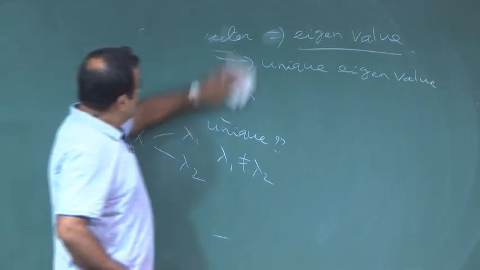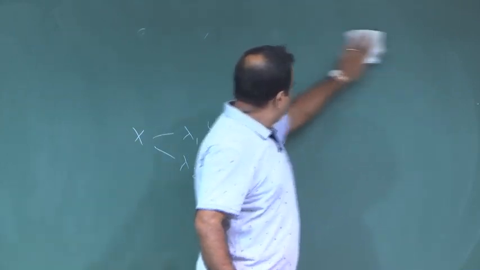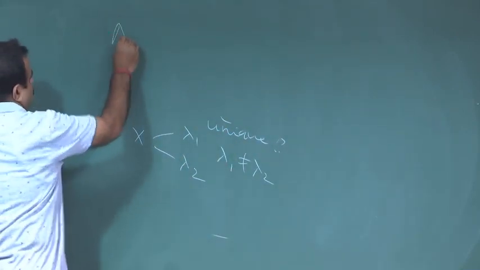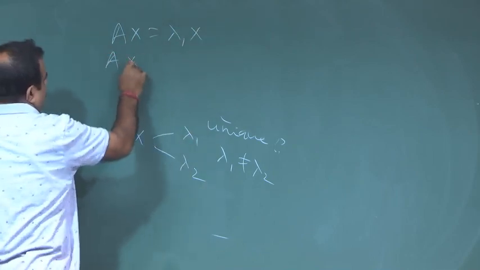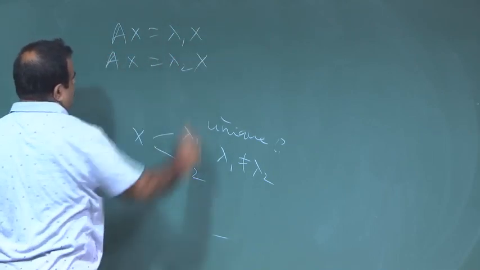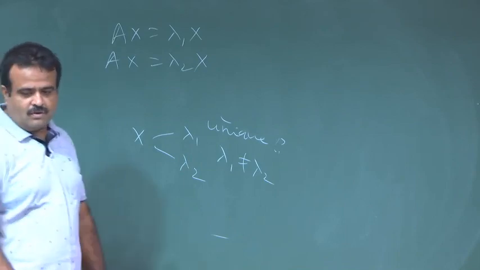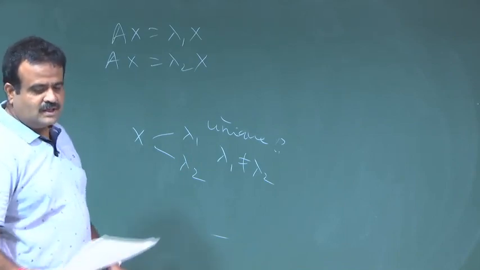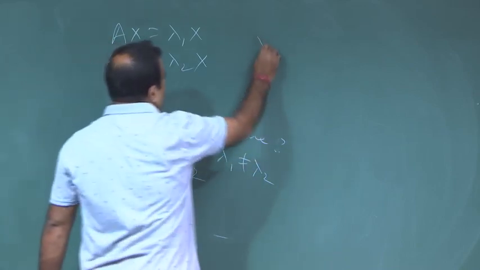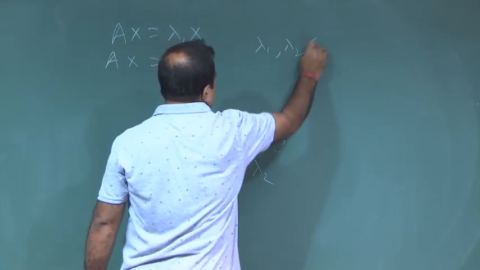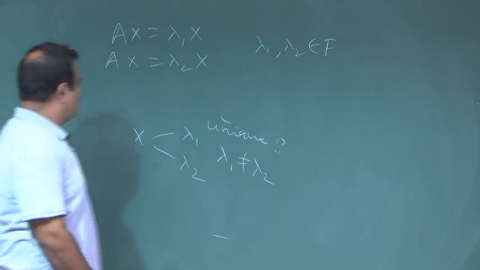That means we have two equations, A x equals lambda 1 x and A x equals lambda 2 x, where lambda 1 and lambda 2 come from the field where the matrix elements are.